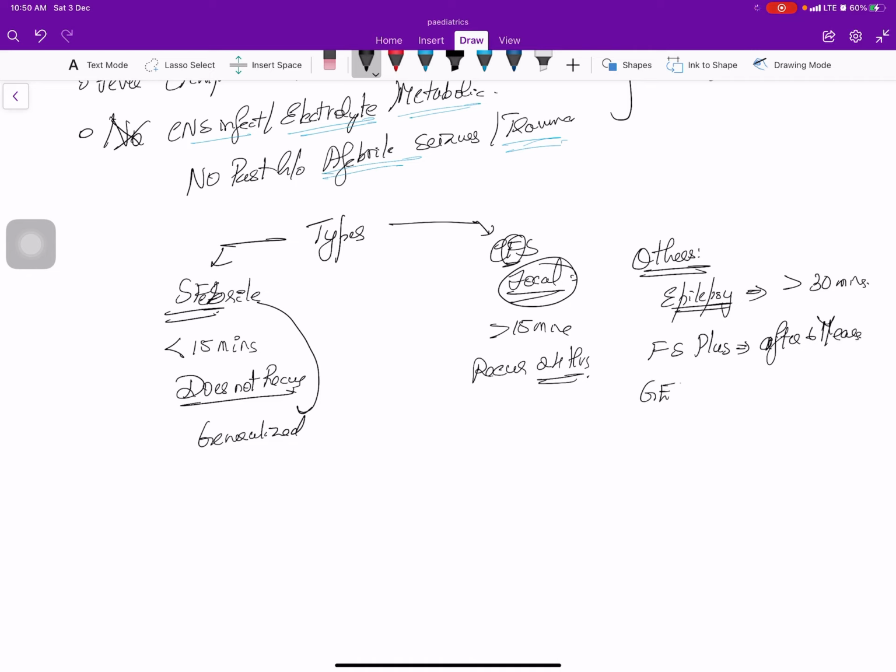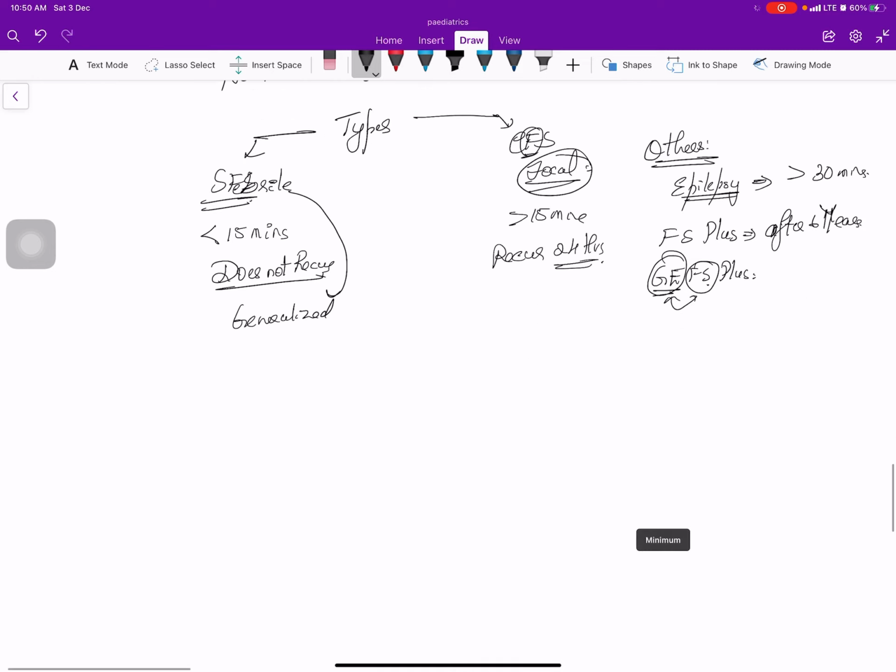Then GEFS plus, that is genetic or generalized epilepsy with febrile seizures plus, an autosomal dominant family history of epilepsy. Okay, so generalized epilepsy with focal seizures. I think that much would be enough.